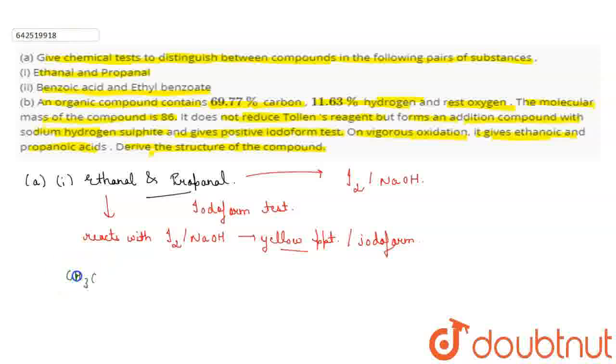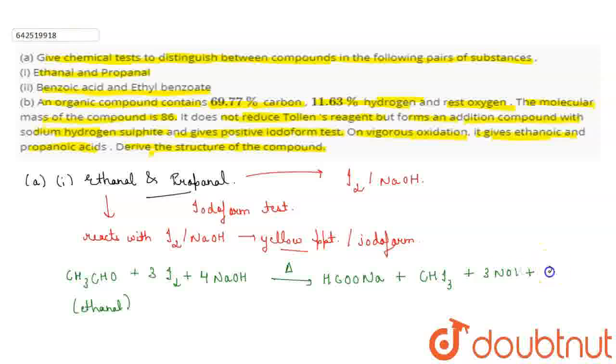So here is ethanal. When it reacts with I2 and sodium hydroxide on heating, it gives HCOONa plus CHI3 plus 3NaI plus 3H2O, and here the CHI3 formed is a yellow precipitate, or we can say iodoform.